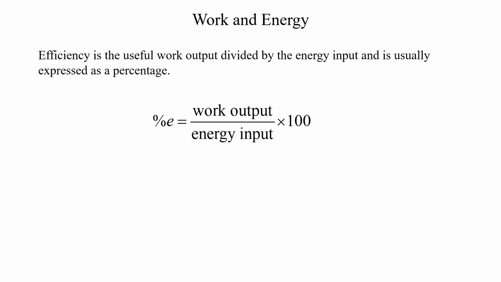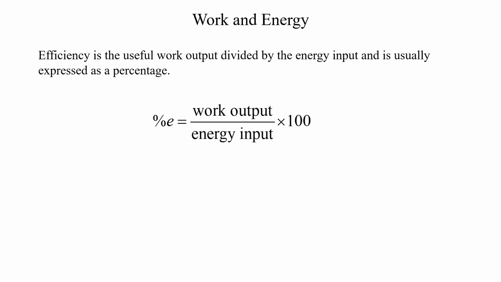So that's the efficiency. The greater the efficiency, the more work we get out compared to the energy that we put in. In all practical machines, the efficiency, of course, is less than 100%, because some of the energy input always gets wasted as heat. Either by friction, or if it's completely electronic, currents in wires create heat.